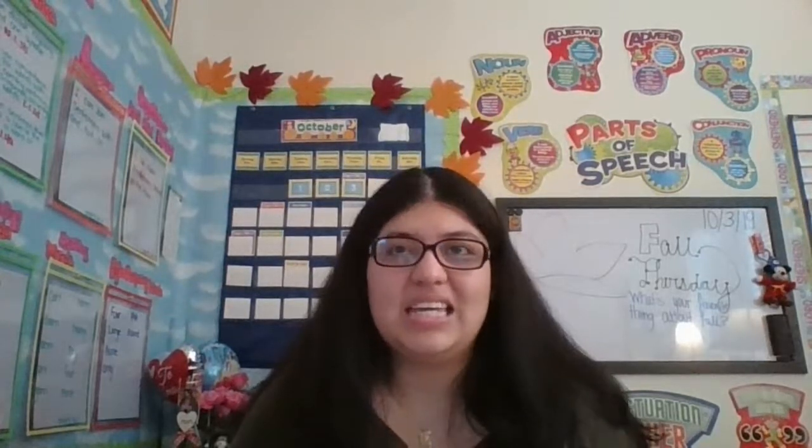They get so excited when I read to them the book that is for that month or whatever occasion we're doing. For October, we have a couple of October books.